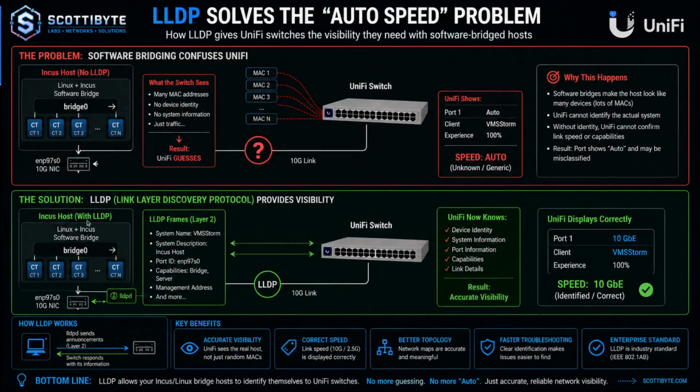So what's the solution? The solution, again, is to use the Link Layer Discovery Protocol, which provides visibility. Here we've got the same scenario going on, but this time we have the Link Layer Discovery Protocol daemon running, and it sends frames over layer 2 connection, and it does not require any particular IP traffic.